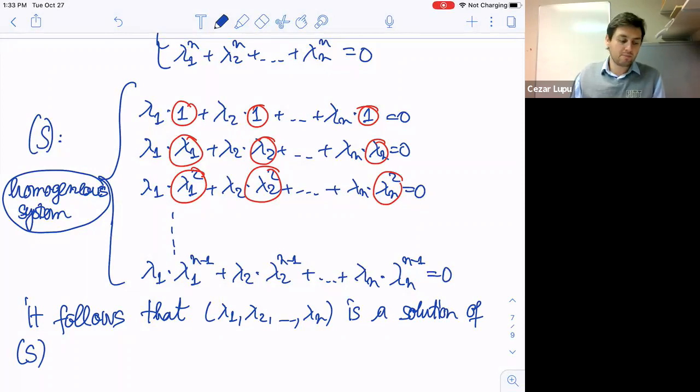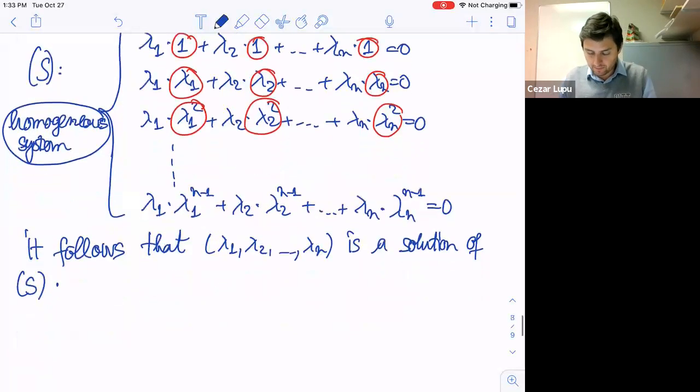Keep in mind this is a homogeneous system, so we have to take into consideration two things: if the determinant of this system is 0 or it's not 0. And something happens when the determinant is non-zero.